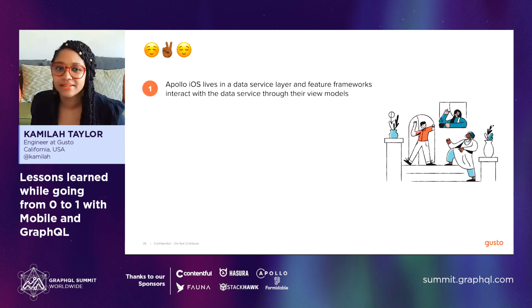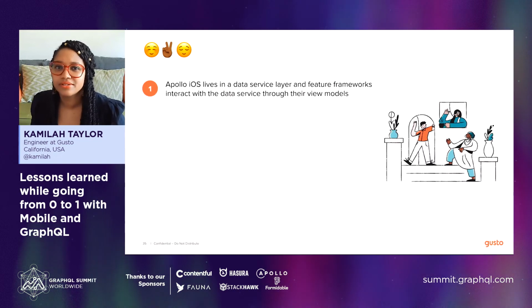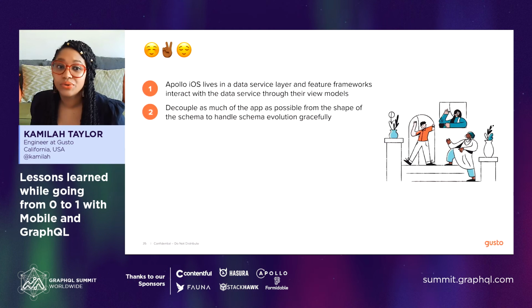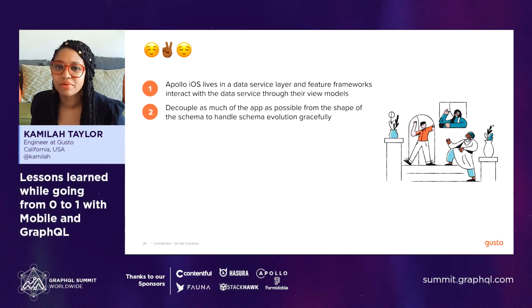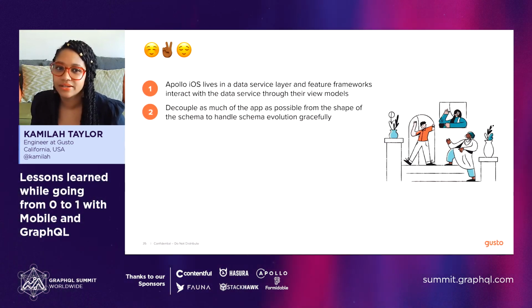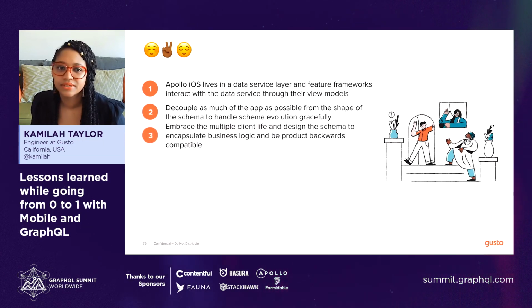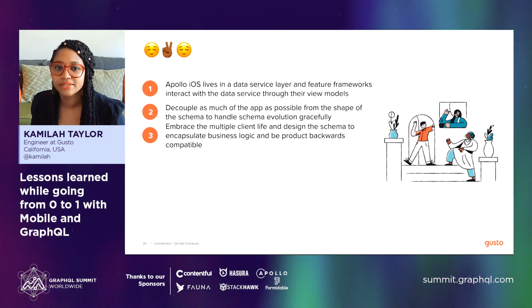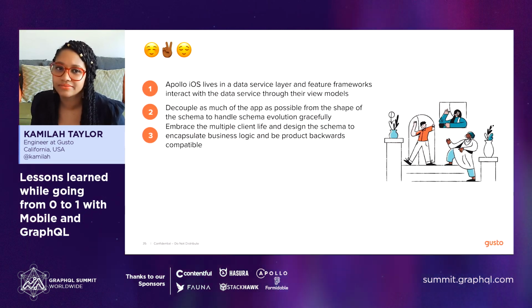Apollo iOS lives in a data service layer, and feature frameworks interact with the data service through their view models and coordinators. We decouple as much of the app as possible from the shape of the schema to handle schema evolution gracefully. And we've embraced the multiple client life and designed the schema to encapsulate business logic and be product backwards compatible.